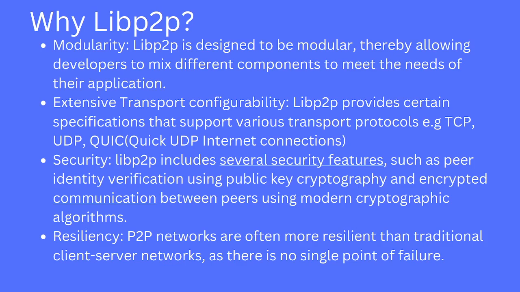So even when a peer is offline, the network is still active, available, and accessible for anybody to get information from. That's what we mean by resiliency.